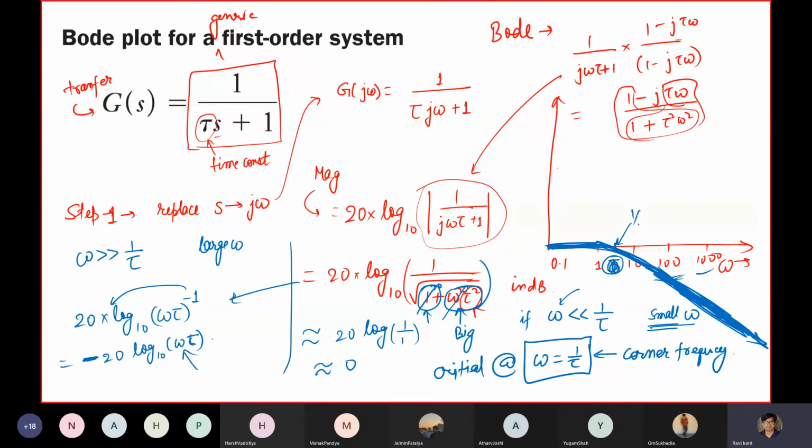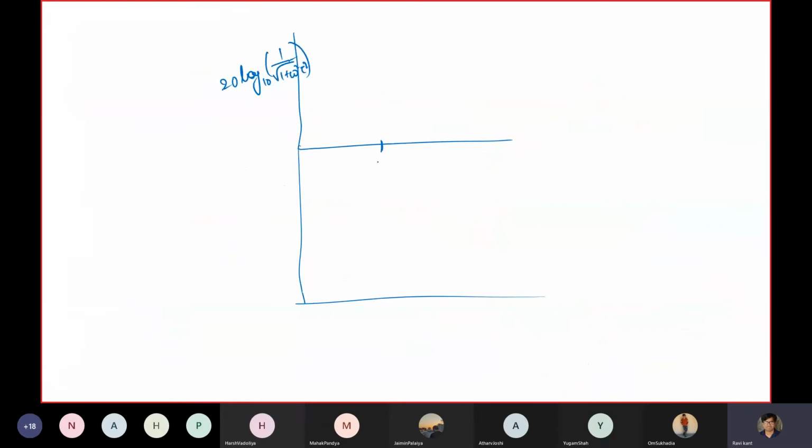So I have taken 1 upon tau as my corner frequency. After that things will change. So till 1 upon tau it will come something like this, almost 0, and after that it will have some sort of slope, and this is a linear approximation.